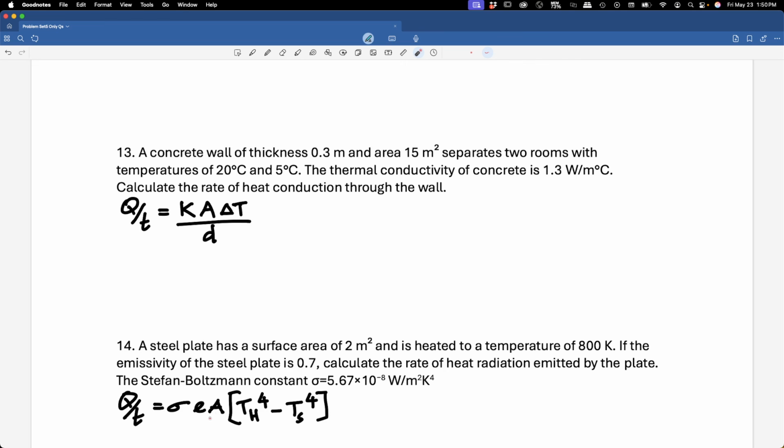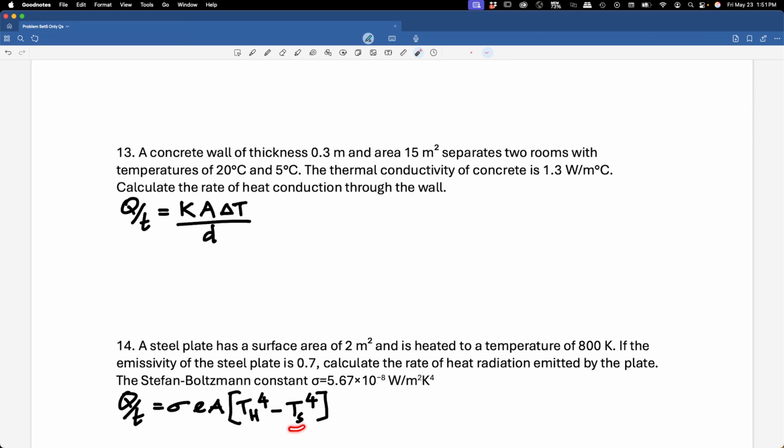That's given. And then sigma is a constant. It's called Stefan-Boltzmann constant. That's given here. E is called emissivity, and that's given. So you got sigma, you got E, you got A, and T sub H is the temperature in Kelvin, which is also given.